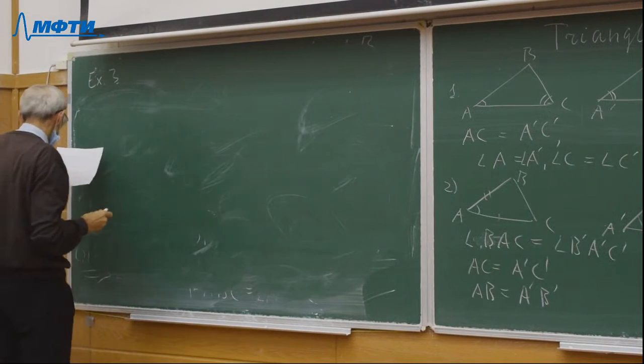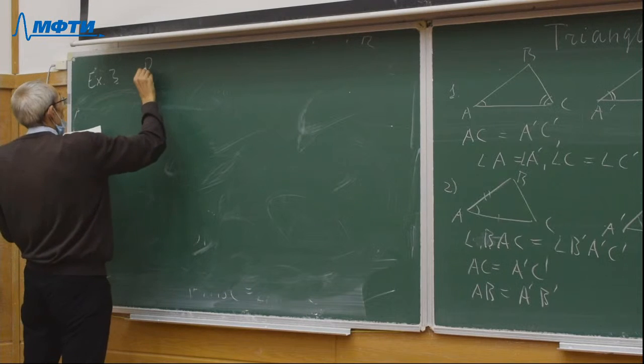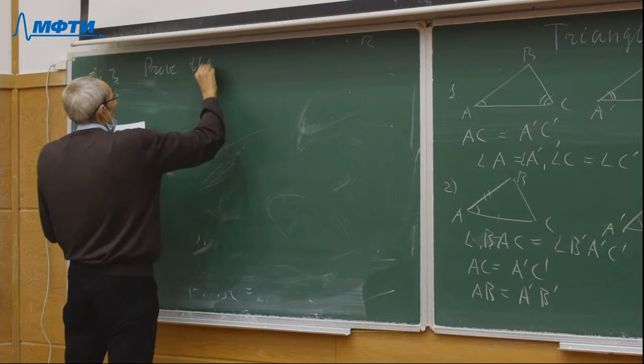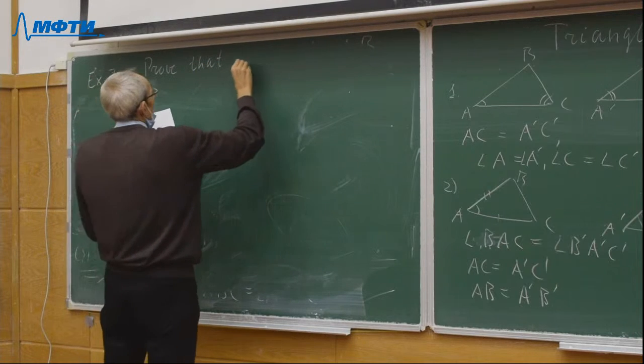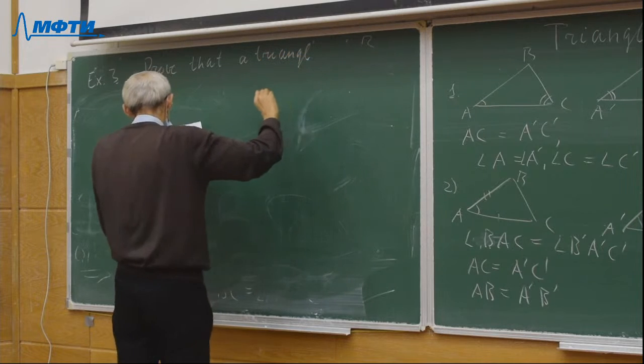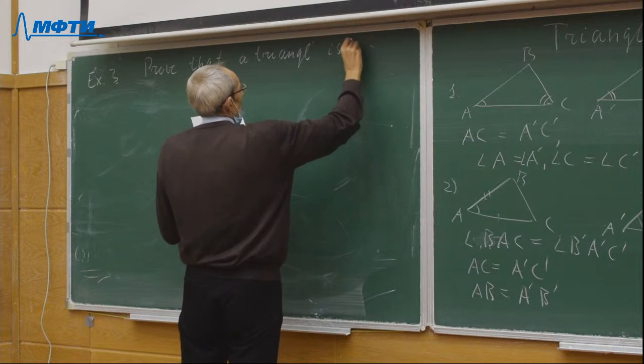Three. Let's prove that a triangle is isosceles.